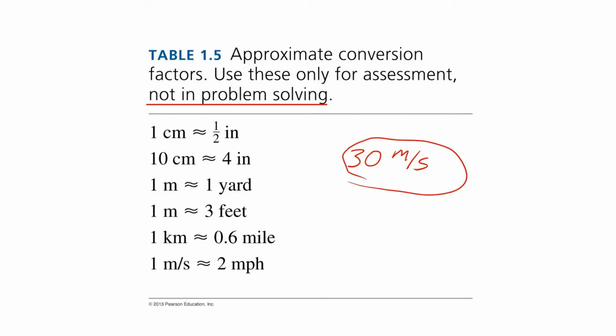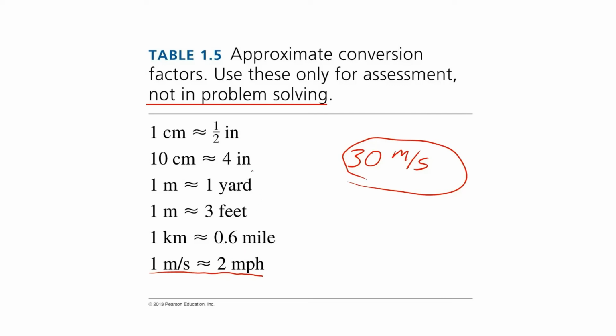Well, it's helpful to just assess whether this makes any sense. If we're talking about a human being running, from the relationship below here, 30 meters per second would be about 60 miles per hour. There's no way a human being is going to run at 60 miles per hour. So clearly there was an error somewhere in your work.